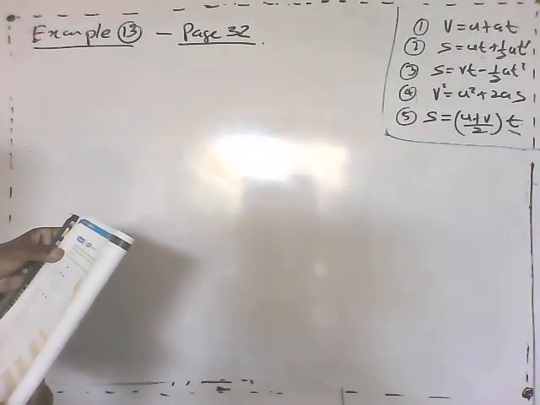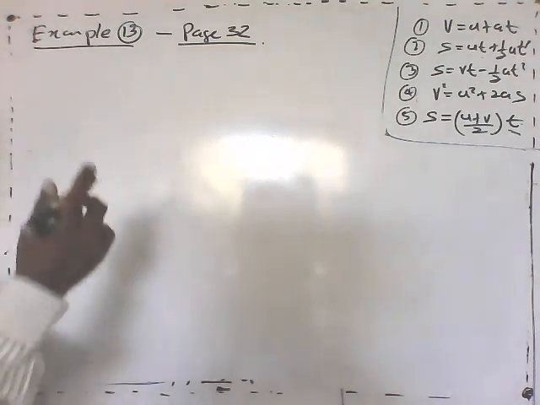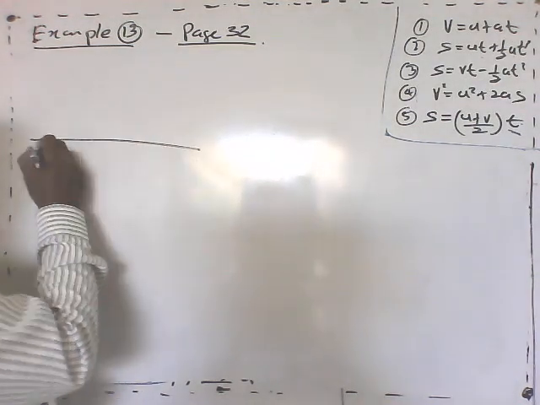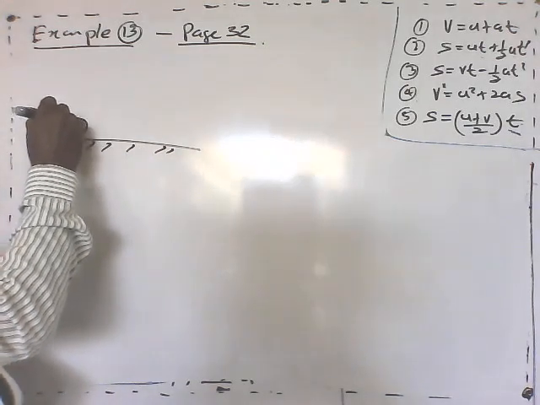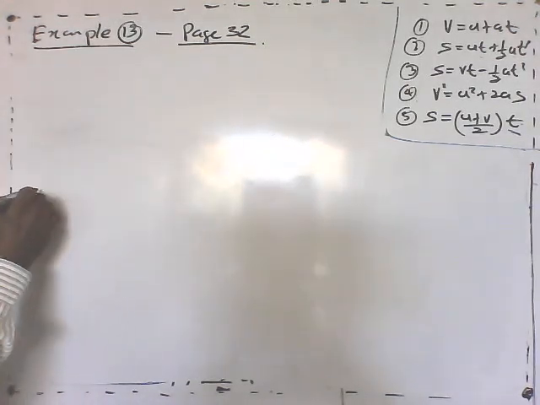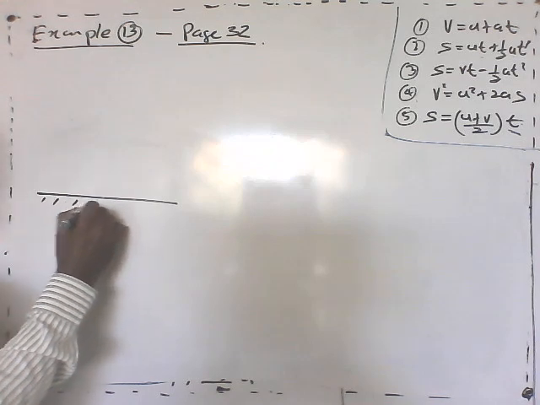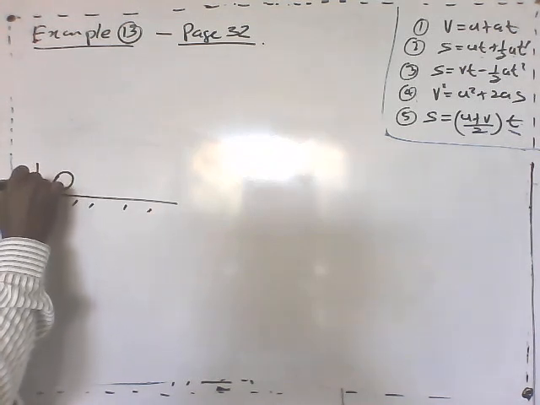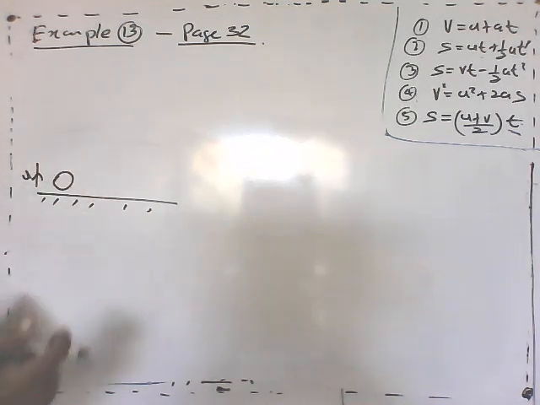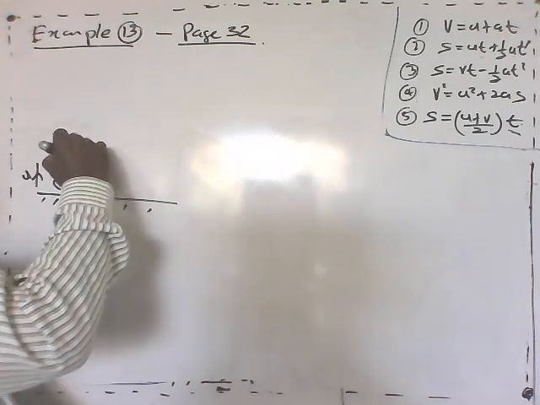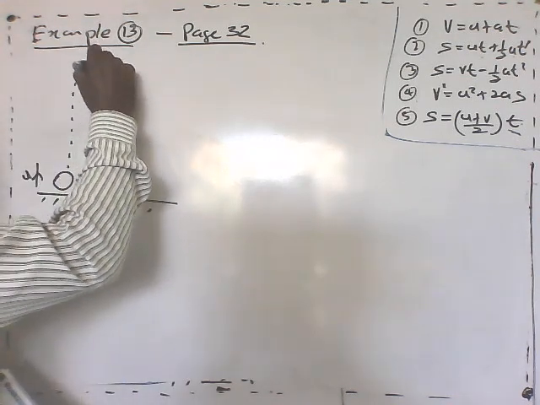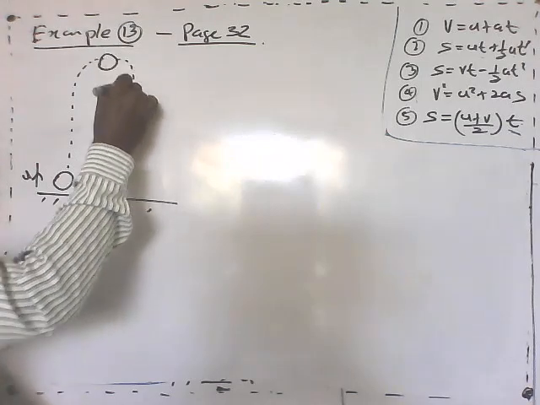So we will assume it reaches the highest point and then falls back to the ground. Here it is projected vertically up with u meters per second, and then it reaches a height. We will go like this, come to a maximum height and come back.